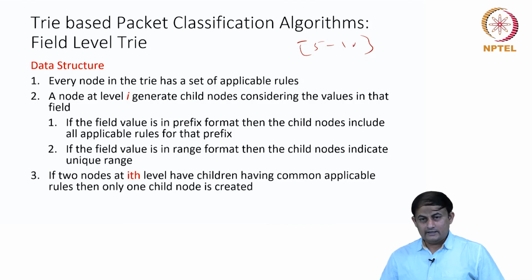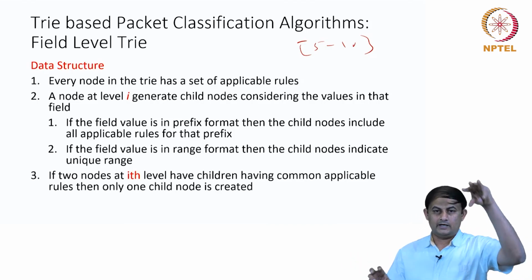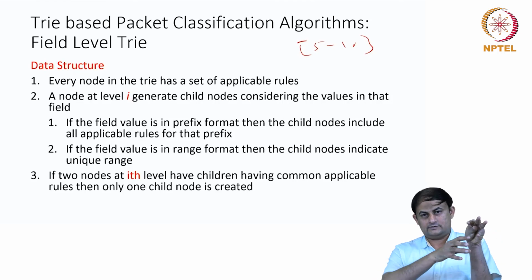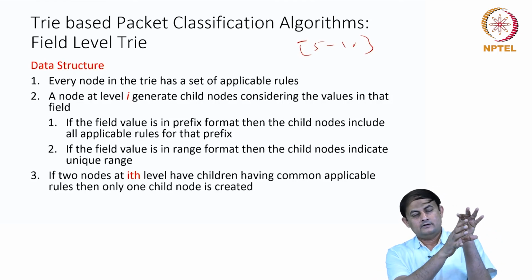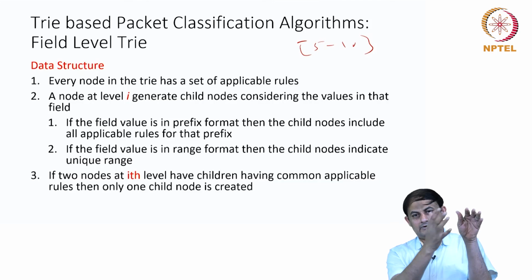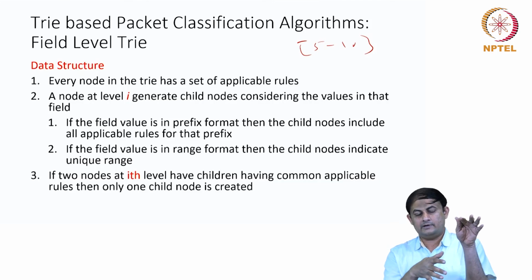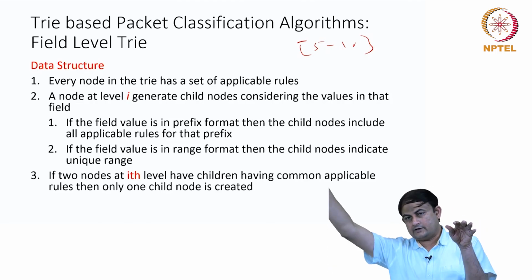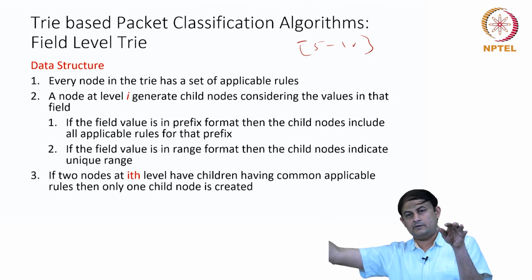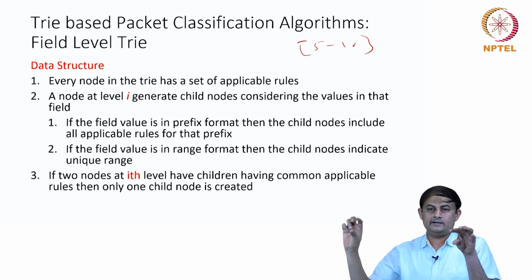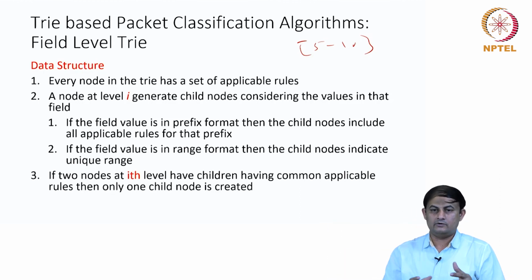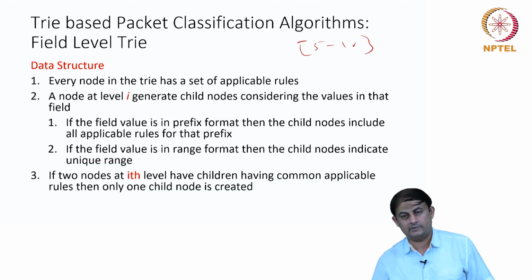And at any level, let's say I take path 1 and say that R1, R2 are the rules that are applicable, and then when I go to the second level, only on some prefix only R2 is applicable. And when I traverse another path, maybe from that also I might get a node where only R2 is applicable.